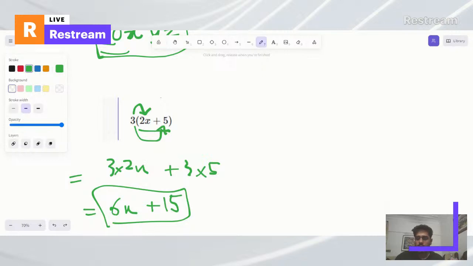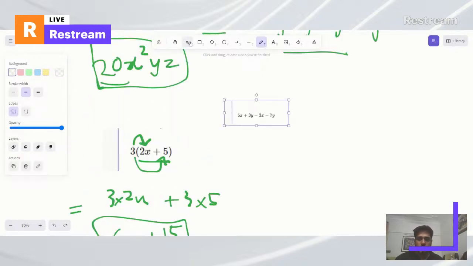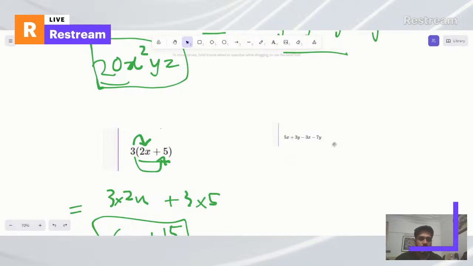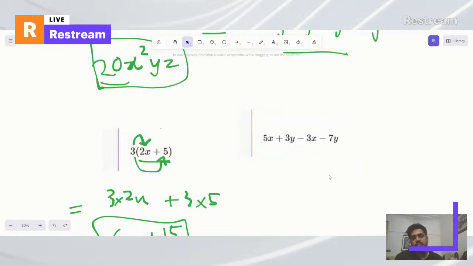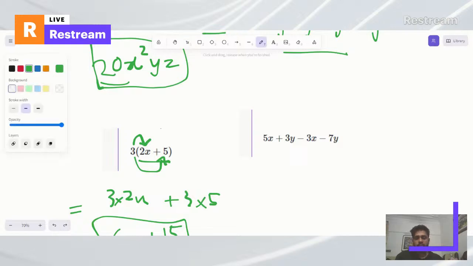Now if we have a question where it says something like this. Okay, so we have something like this. Now what are we gonna do? Because these are all different forms of expansion, different forms of simplification that we can do. What do we do when we have plus minus in between, maybe addition or subtraction in between?